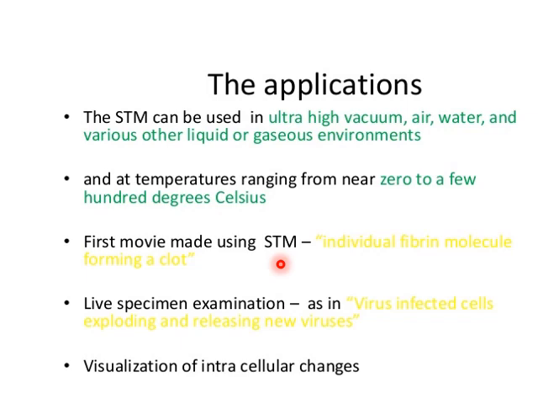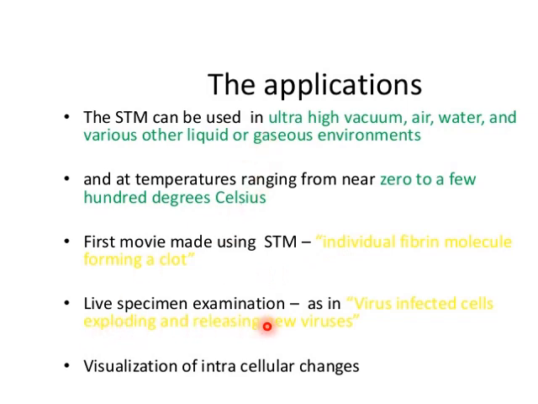First, movies made using STM. That is, we can prepare videos of the surfaces of a material, and the first video of a material surface using STM was of individual fibrin molecules forming a clot: how fibrin present in the blood forms a blood clot. This video was made using STM.